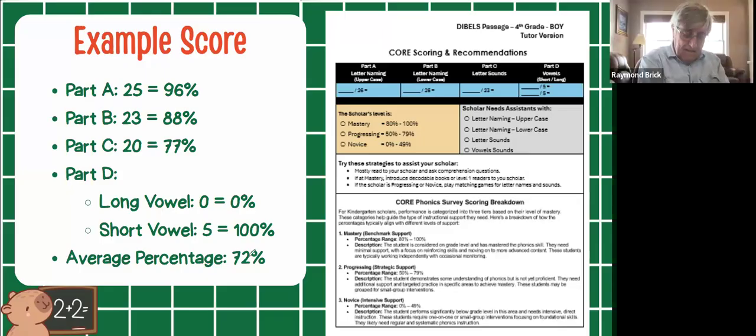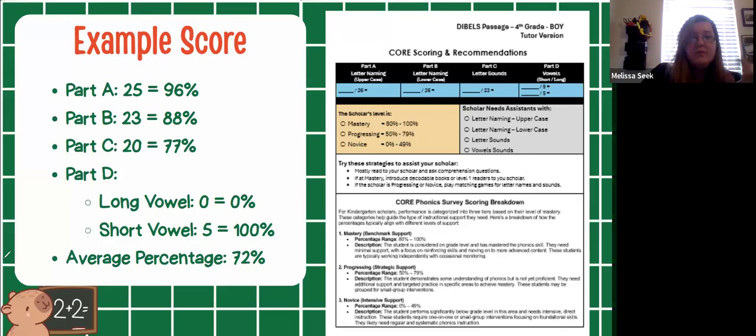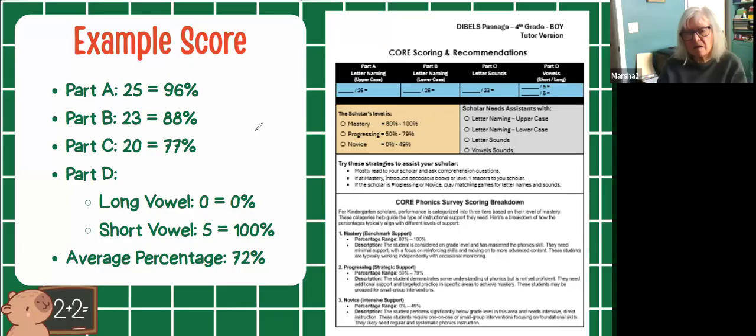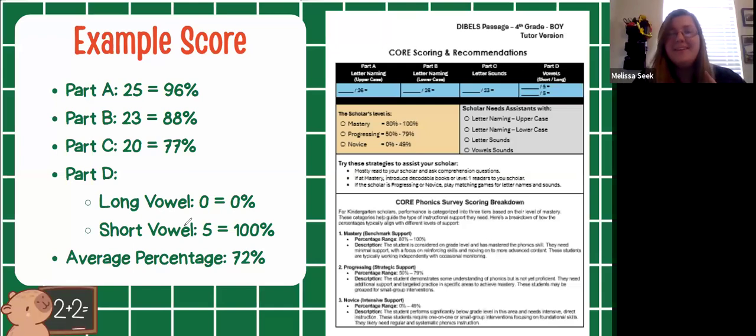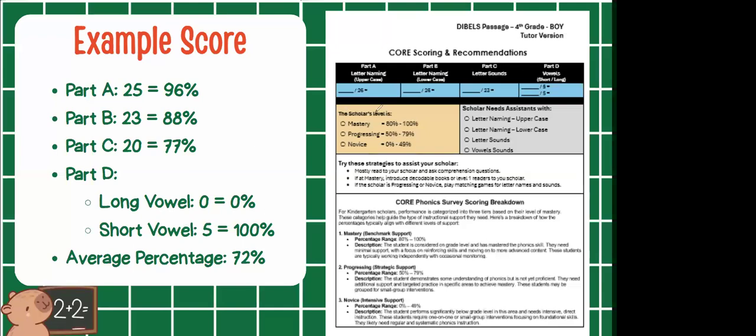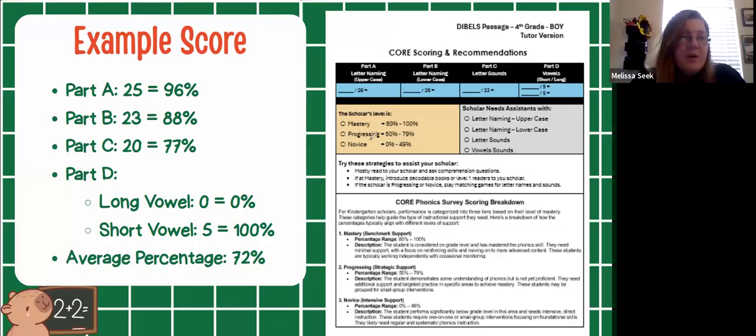But their average is based on the average that we have, and according to the levels, is a scholar mastering, progressing, or a novice when it comes to their alphabet? Progressing. Yes, they're progressing, so they fall into our progressing category.